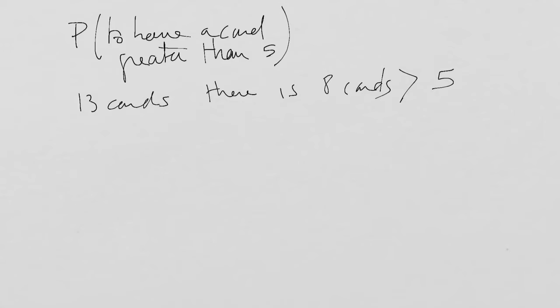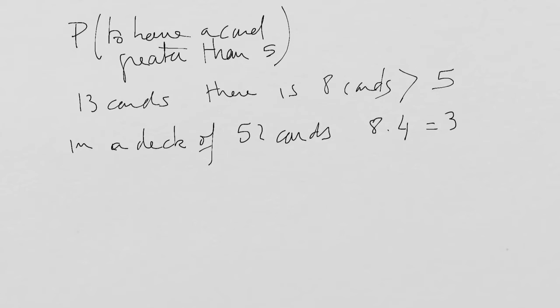Now, I don't have just 13 cards, I have spades, diamonds, hearts, and clubs. So in a deck of 52 cards, I have 8 multiplied by 4, which is 32 cards greater than 5. So the probability is going to be 32 divided by 52.